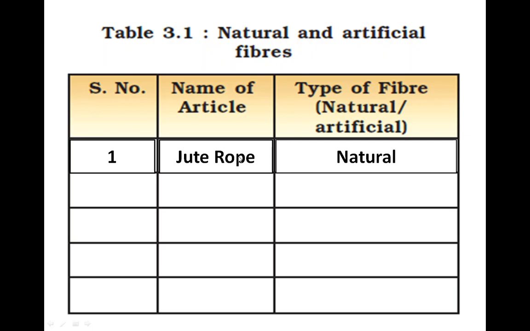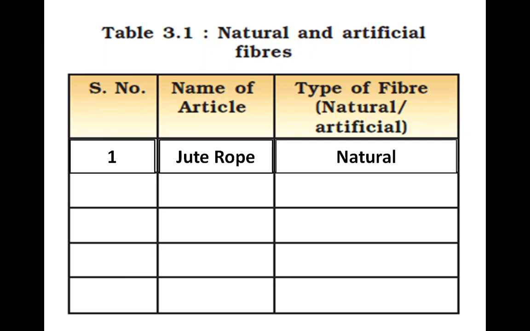Jute rope is made from jute, which is natural, so I have written natural here. Like that you have to complete 2, 3, 4 and 5. You have to write four examples here. Write the things and then separate them into natural and artificial fibers.